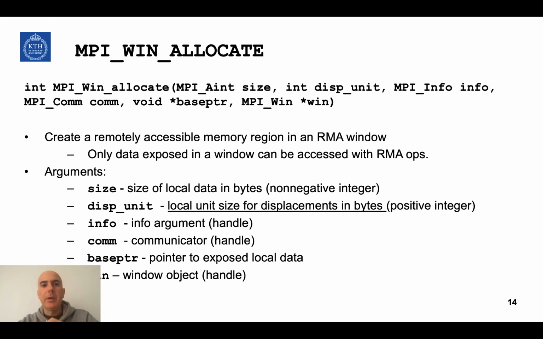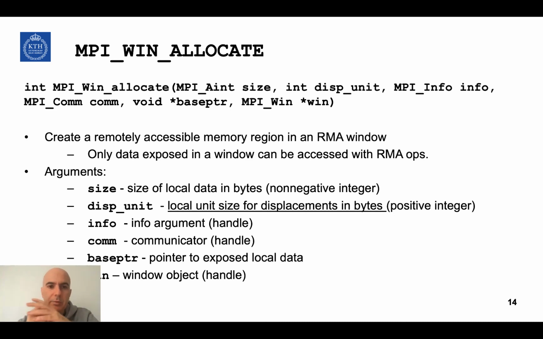MPI_Win_allocate is another function that combines MPI_Alloc_mem with MPI_Win_create, so it allows us to create an MPI window in just one shot. MPI_Win_allocate creates a remotely accessible memory region in an RMA window, and only data exposed in a window can be accessed by RMA operations. The arguments are similar to MPI_Win_create, but in a different order.